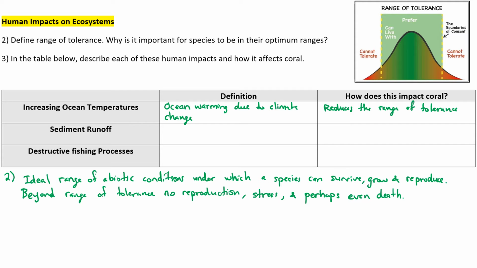Sediment runoff, soil runoff into waterways. This reduces light penetration for photosynthesis within the coral. Remember, corals are animals and they live mutualistically with these zooxanthellae, and then those species can utilize photosynthesis to provide food for the coral.